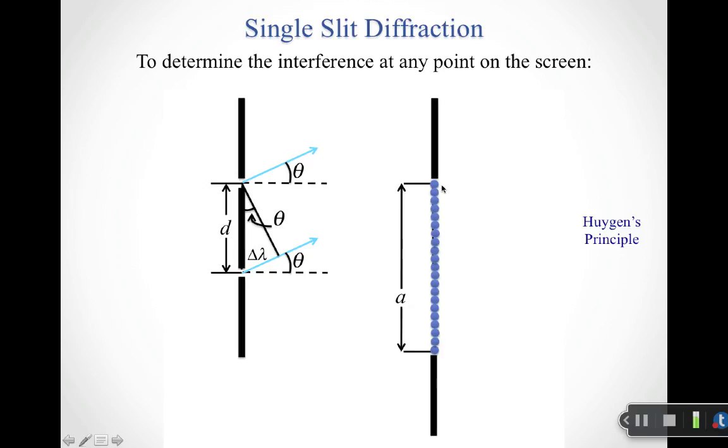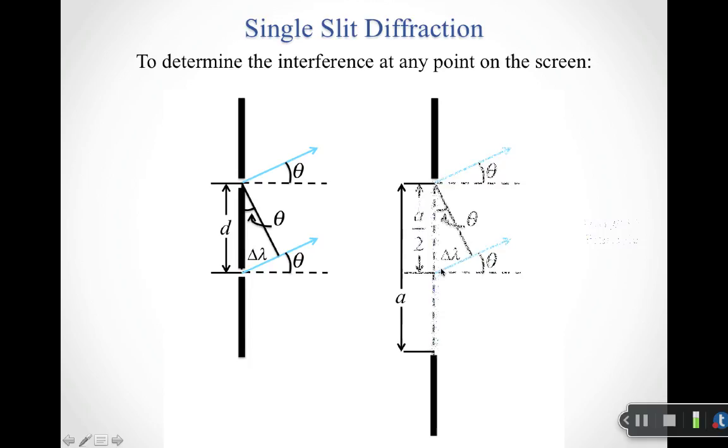And so what we're going to care about is how, say, the waves generated by points up here interact with points that are generated down here. And so it works out that what we're interested in is what's going on halfway down the slit.